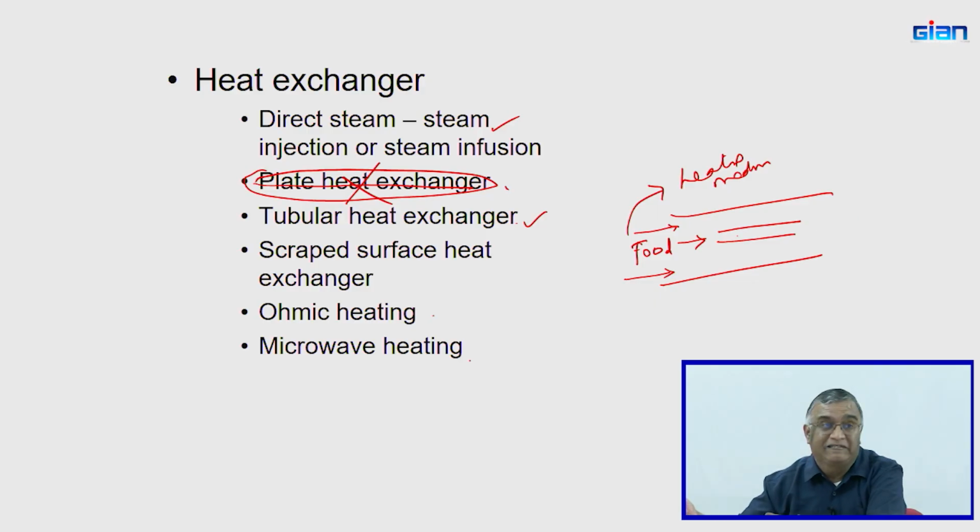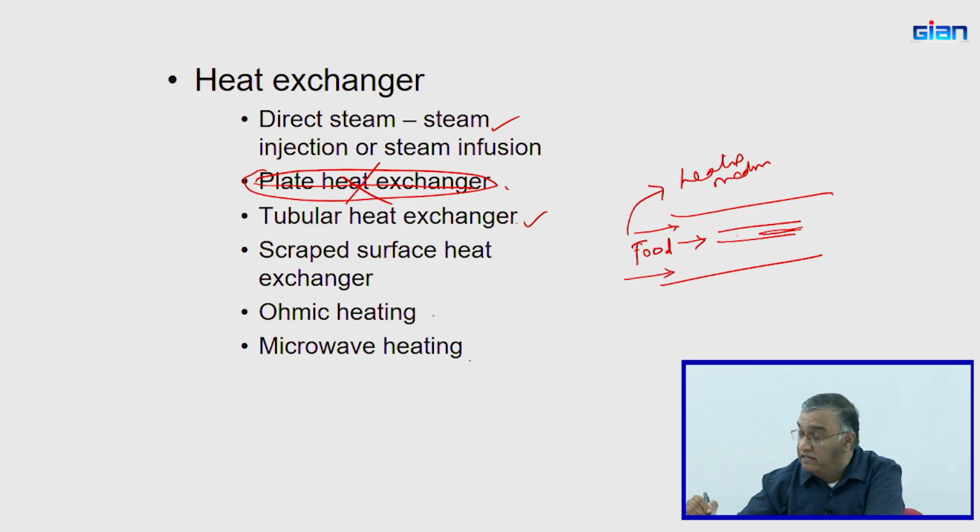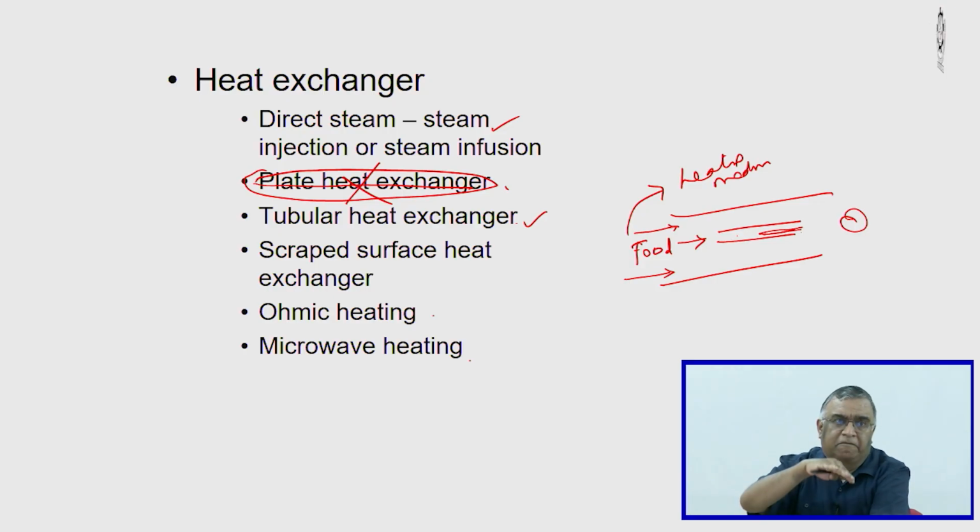The scrape surface heat exchanger is similar, but inside here you add another rod, and that rod has some type of scraping blade. When the fluid is passing through, this rod rotates at a certain RPM, and it scrapes the interior surface of your heat exchanger.